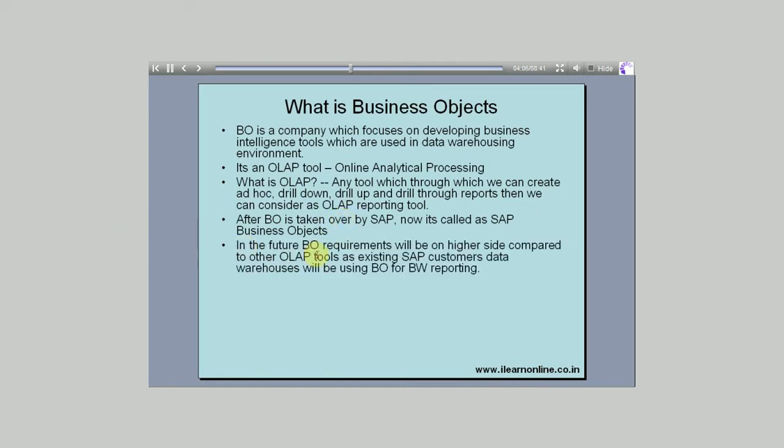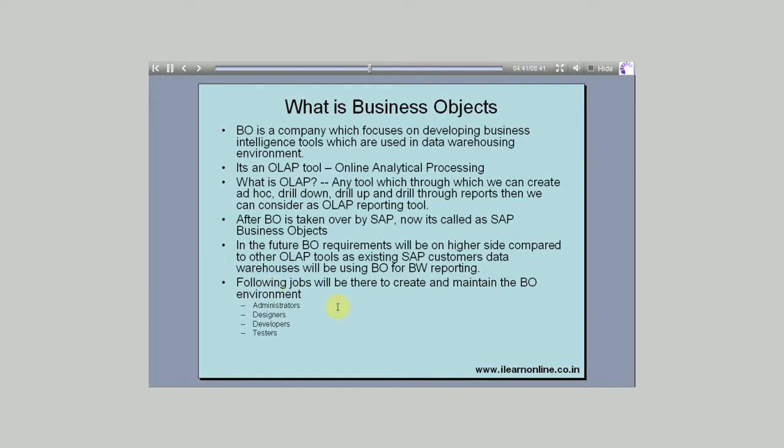In the future, compared to all the other OLAP tools, our gut feeling right now is you will have more Business Objects requirements than any other OLAP tool, because all the existing SAP customers may end up going for SAP BW, which is a product from SAP, and that SAP BW data warehouse will be predominantly using Business Objects to deliver the BI reports. So we are seeing a lot more traction in Business Objects requirements, especially in the future, to grow for sure.